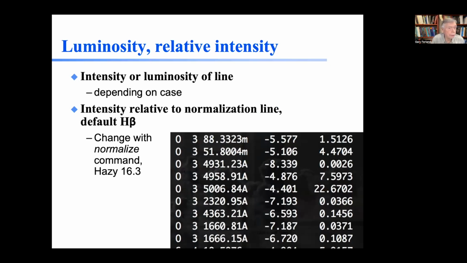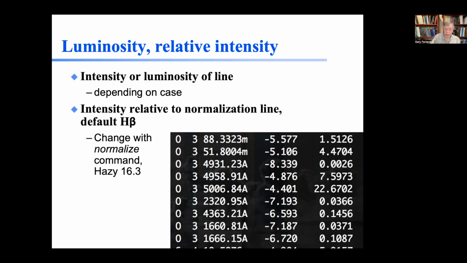The last thing here is the units of these last two columns in the main output. This third to last is what we call the absolute intensity. It's either the intensity of a line, which is what it is in this case, so this is the number of ergs per square centimeter per second, in log. It reports it as a log. In the previous case, we saw it was the luminosity of the line.